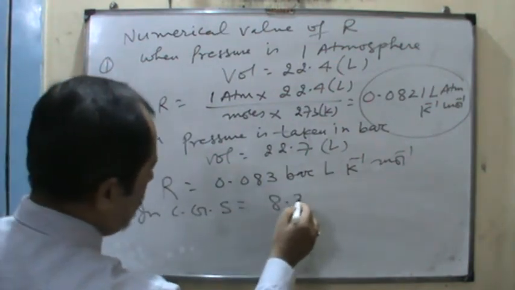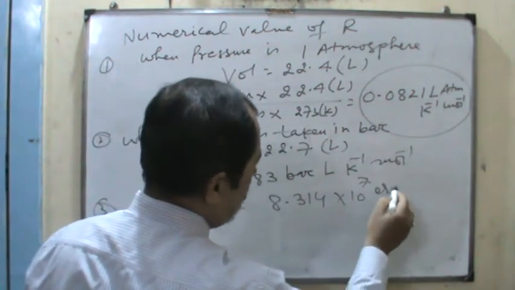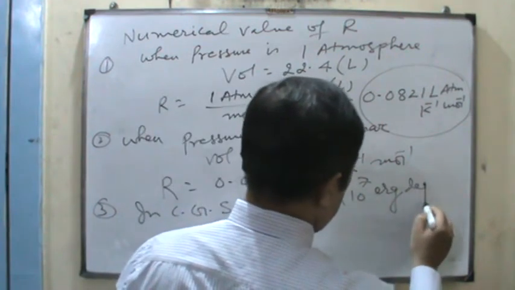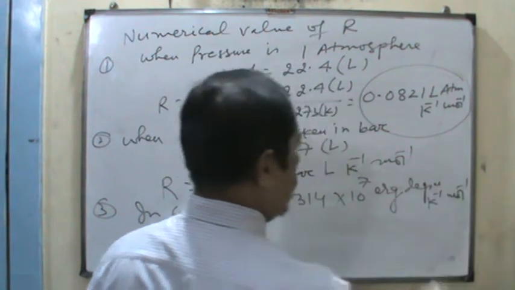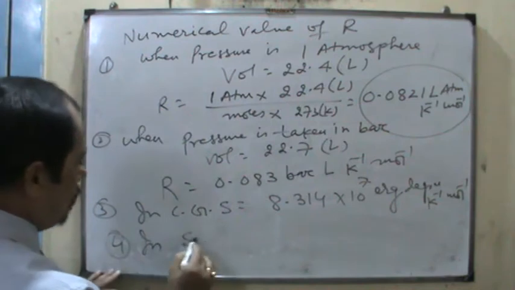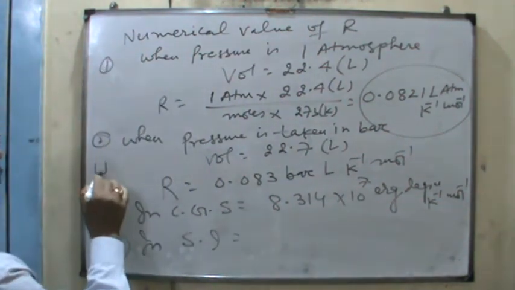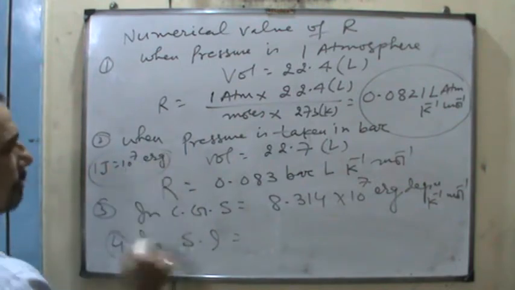In CGS system, it is 8.314 into 10 to the power 7 erg degree Kelvin inverse mole inverse. In SI unit, 1 joule is equal to 10 to the power 7 erg.